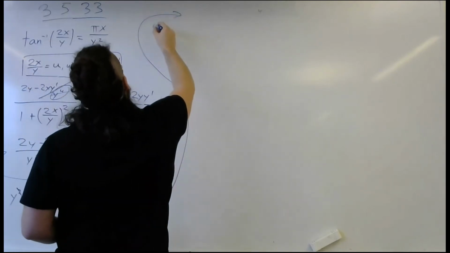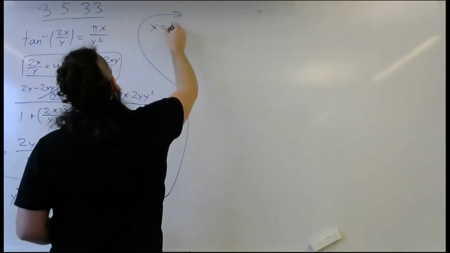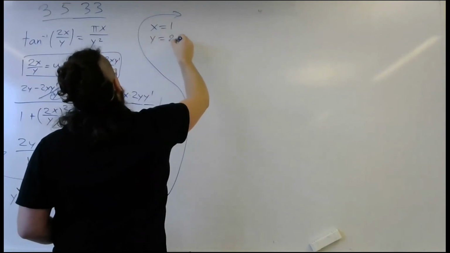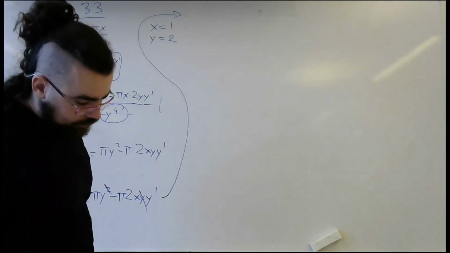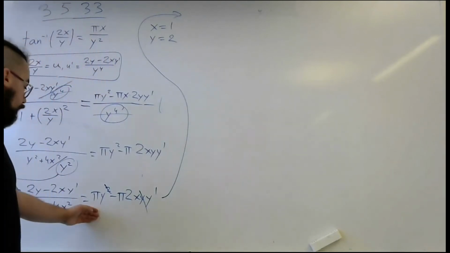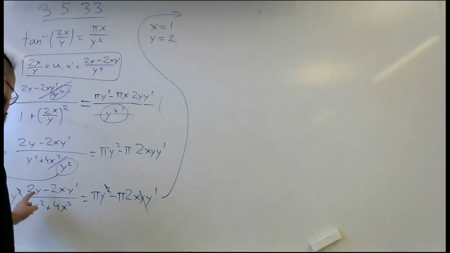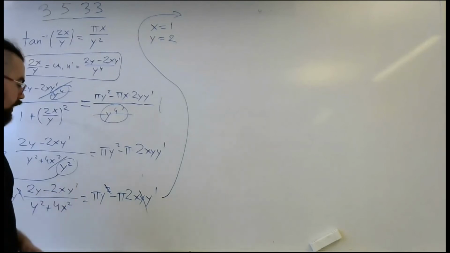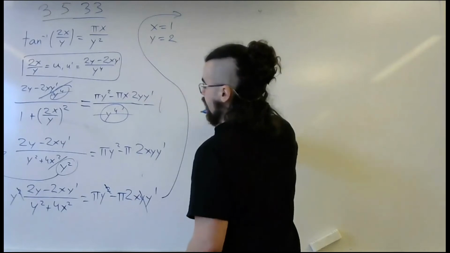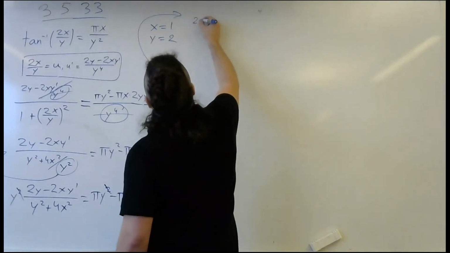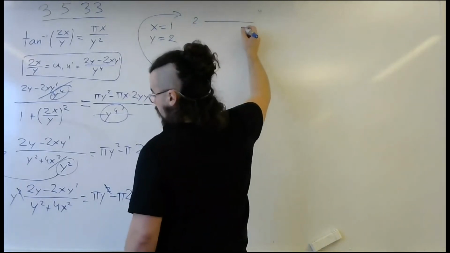And now we replace. We want to calculate the slope of the tangent in the point 1, 2. We already have an equation that relates x, y, and y prime. So here we replace y with 2 and x with 1.